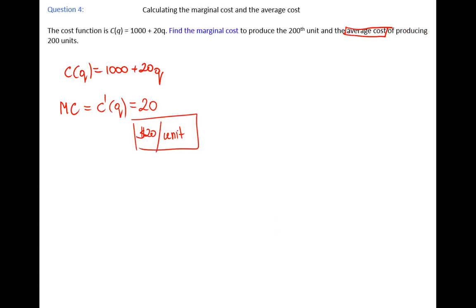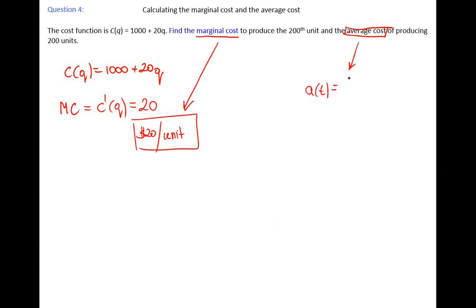That's the marginal cost. Now, the average cost of producing 200 units, of course, we know the formula.